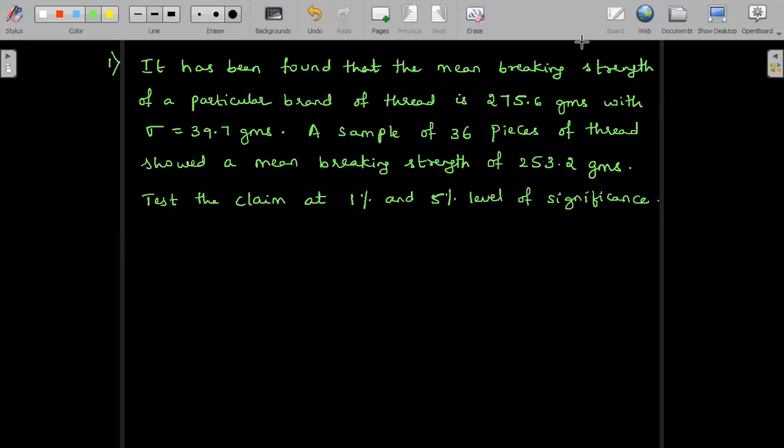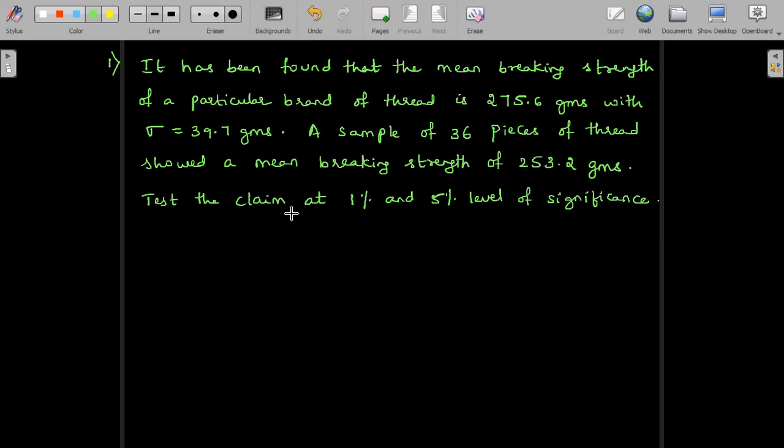Now let us discuss the problems. It has been found that the mean breaking strength of a particular brand of thread is 275.6 grams with standard deviation sigma equal to 39.7 grams. A sample of 36 pieces of thread showed a mean breaking strength of 253.2 grams.